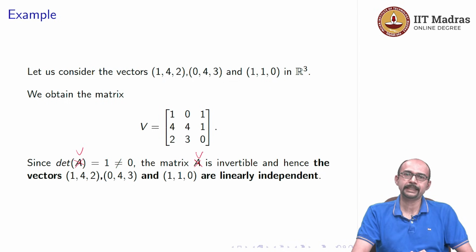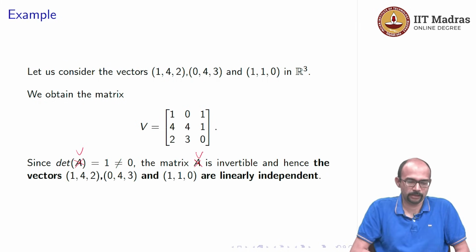And note that if the number of vectors is bigger than the exponent of the vector space in which one is working, meaning if you have Rn and you have more than n vectors, so n plus 1 or n plus 2 and so on, then they are always linearly dependent.